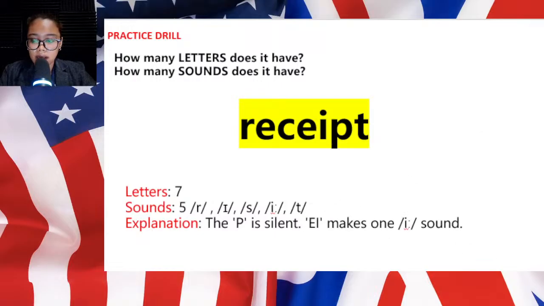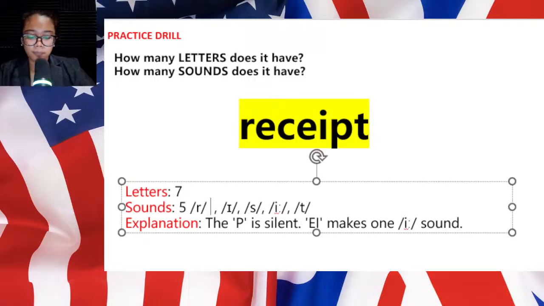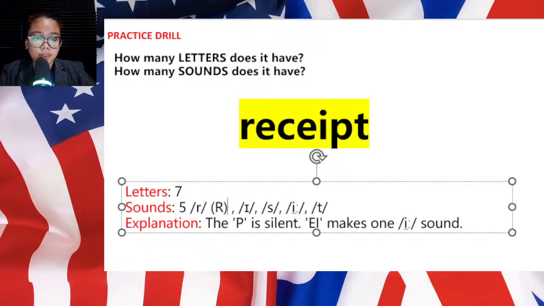First, the first sound is the R sound from R. Simple enough. How do we pronounce the R sound? We pronounce it as R. Very simple, very direct.